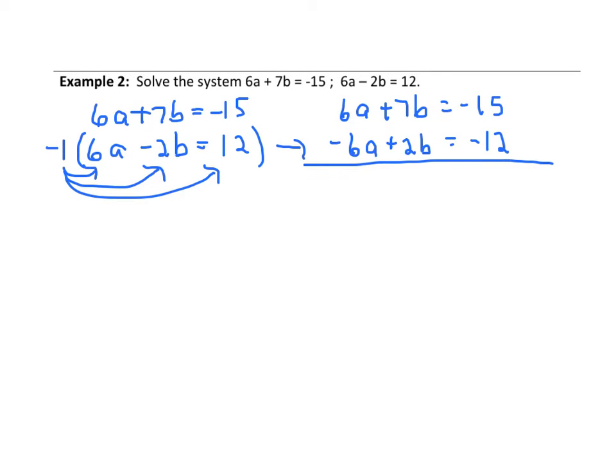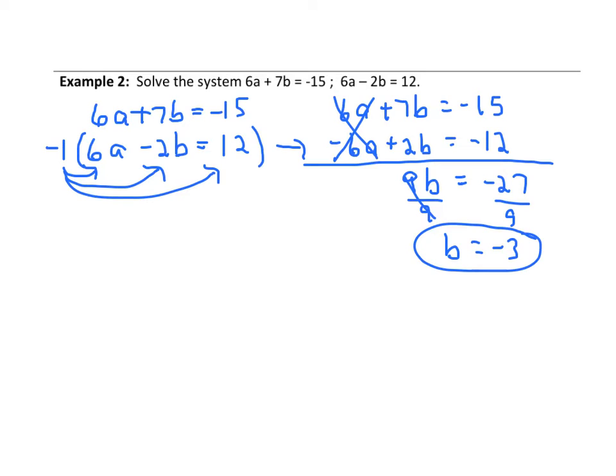Now I can add these equations together, and the a variable will be eliminated, and then I can solve for b. So I get 9b equals negative 27. Divide by 9, and I get b is equal to negative 3. So now I can substitute b back into either one of these equations to get a. So I'm going to do 6a plus 7 times negative 3 equals negative 15.